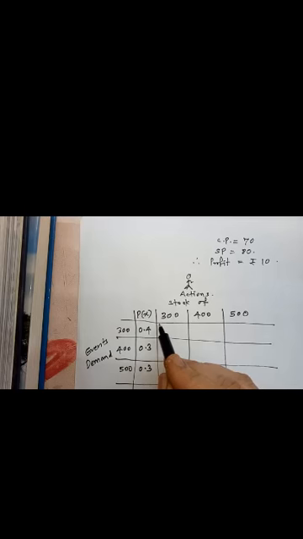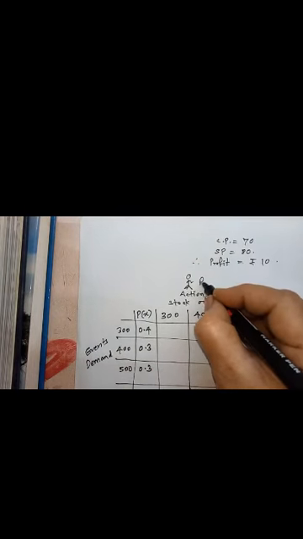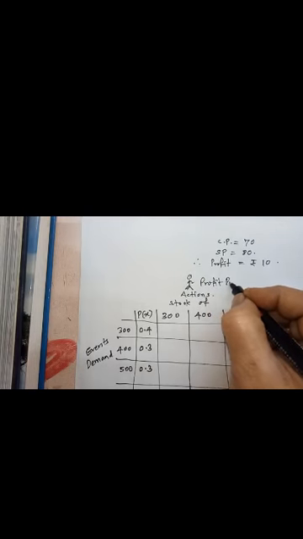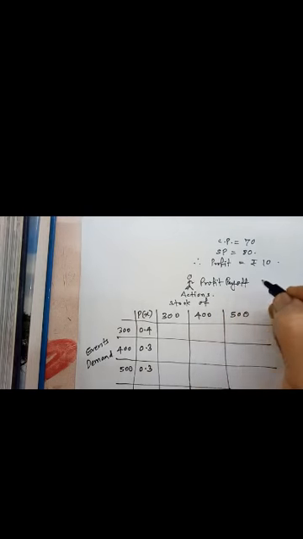Now the job is to fill this payoff table. This whole table is known as profit payoff table. So we have to prepare it and then calculate the EMV, that is expected monetary value.